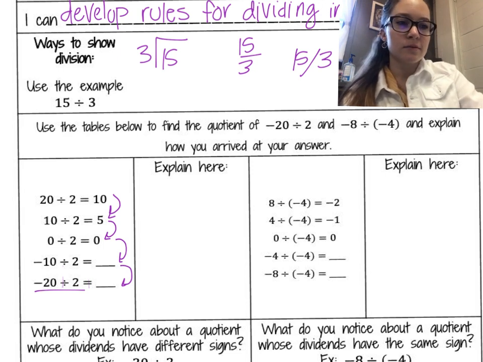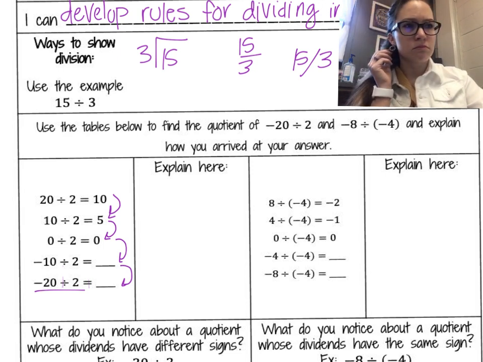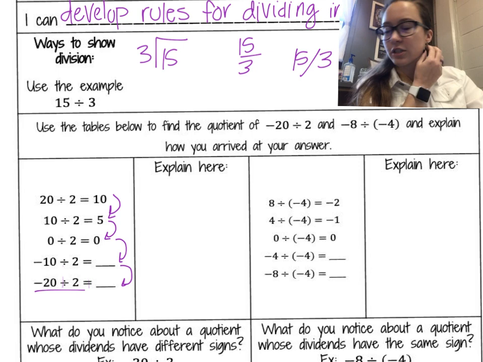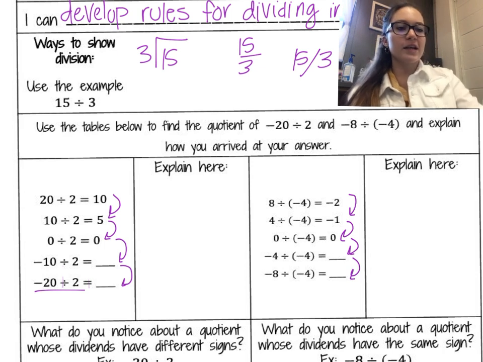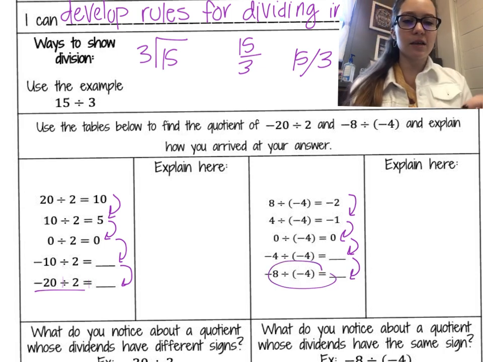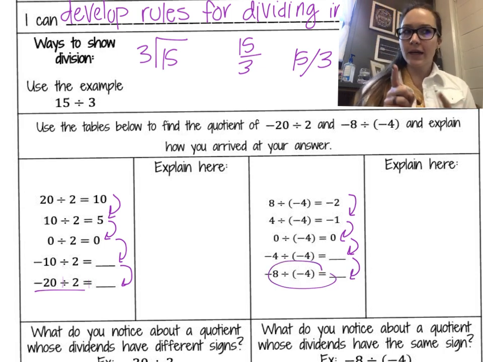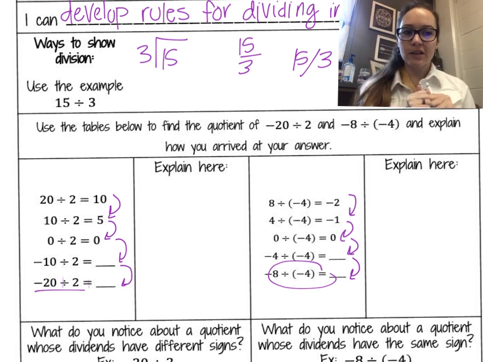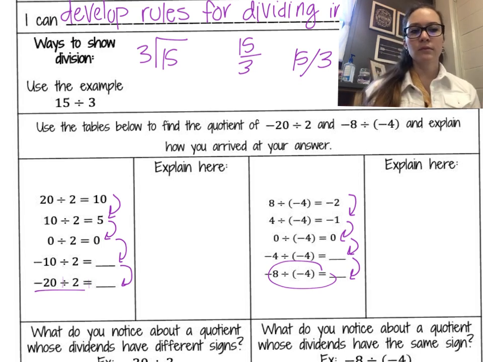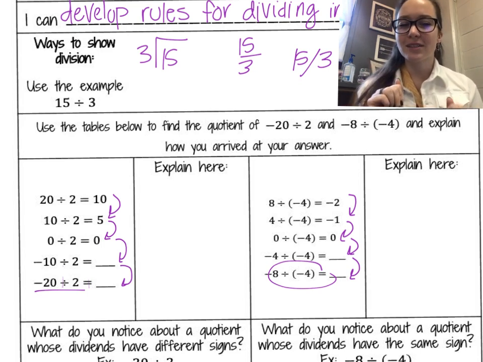And same thing. We're going to find the pattern on this table to find out what negative 8 divided by negative 4 is. So go ahead, pause the video, take a couple minutes, find the pattern, figure out what's happening, write about it, and then I'll get back to you. So go ahead and pause now.